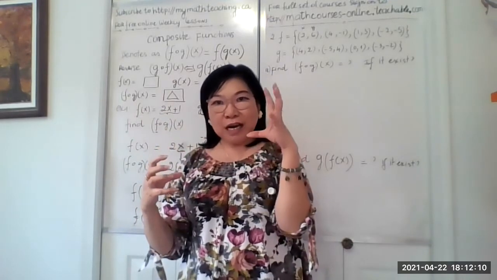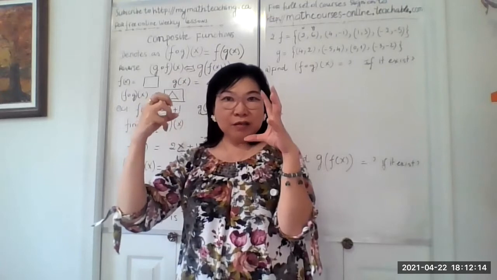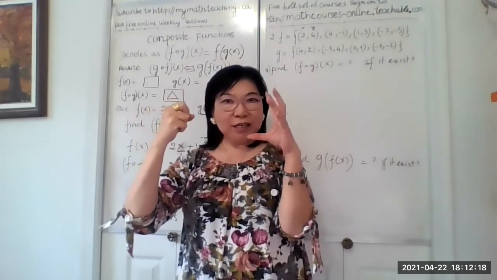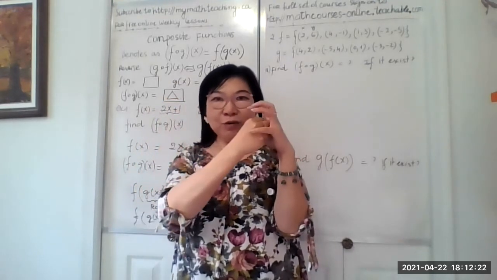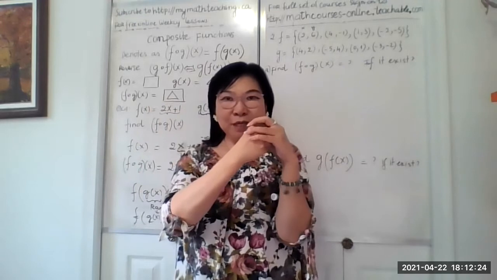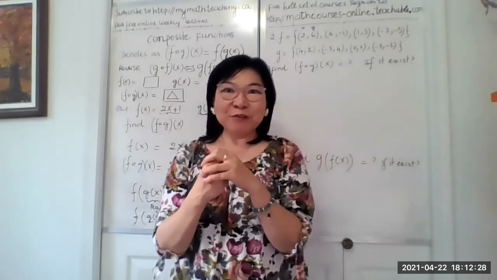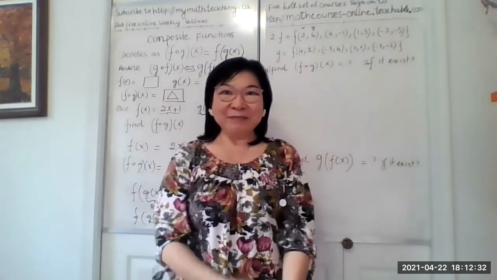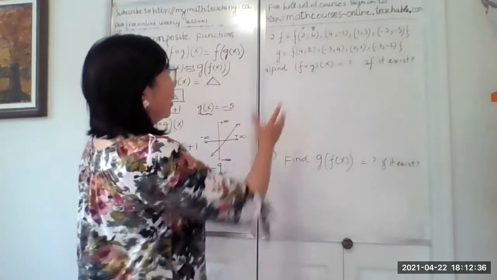But if the outer function is bigger, it can cover the range of the inner function, which becomes the domain of the outer function. Then yes, you can put it in, and that becomes a composite function. Maybe that demonstration helps you see it as less abstract.